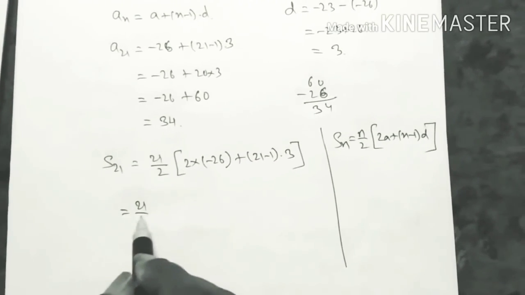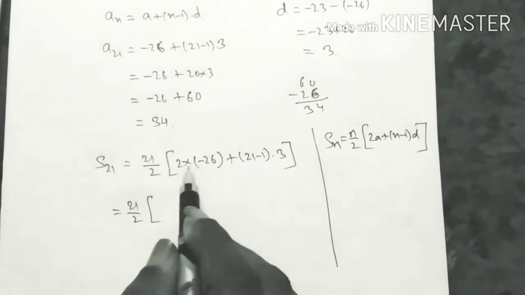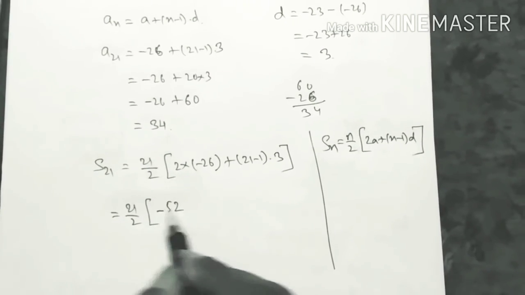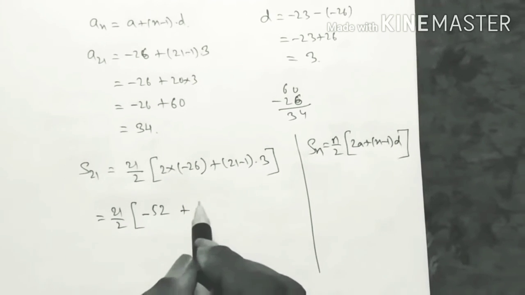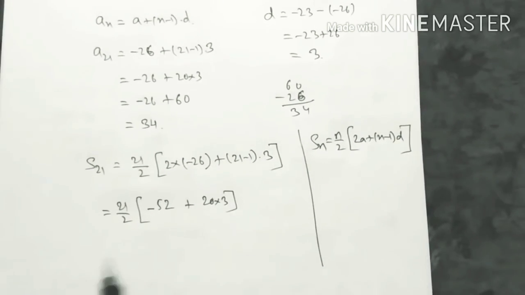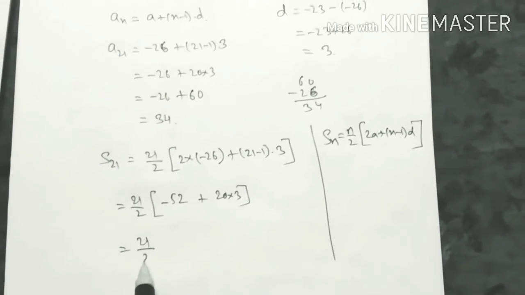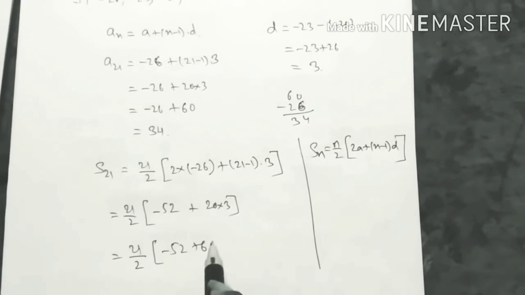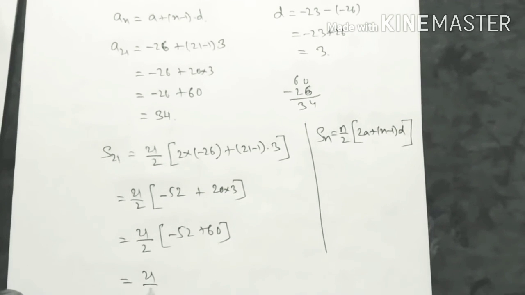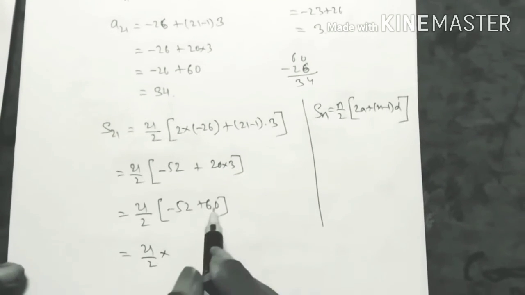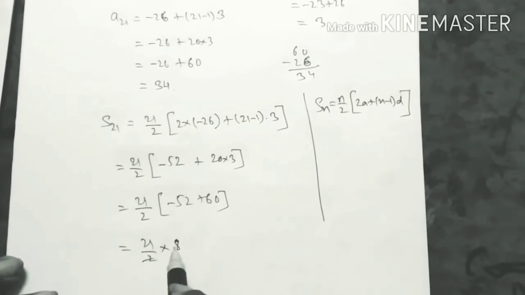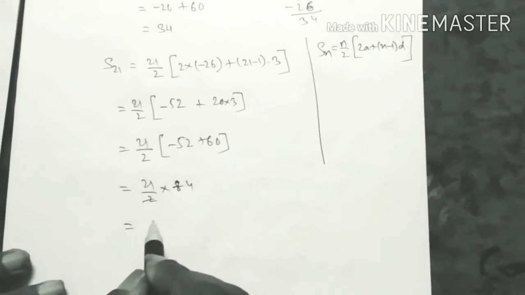Now 21 by 2 into minus 52 plus 20 into 3. So this is equal to 21 by 2 into minus 52 plus 60, and this comes out to be 21 by 2 into 60 minus 52, which is 8. 2 4s are 8, so this is 84.